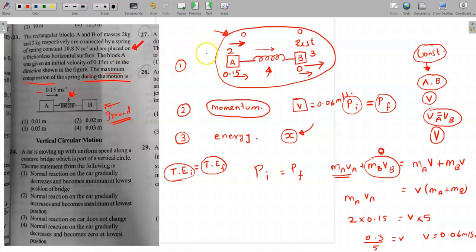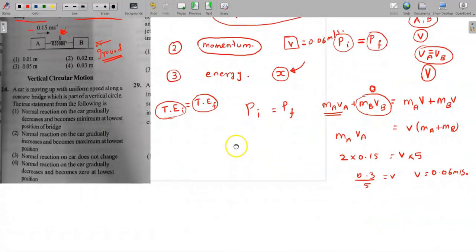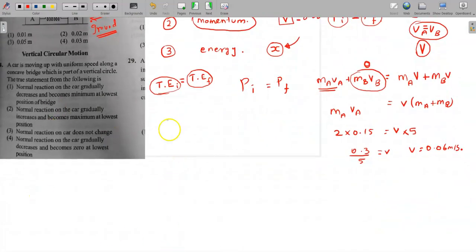So the kinetic energy of the first object is half m v square. And for the second object, there is no kinetic energy and no potential energy, so 0.